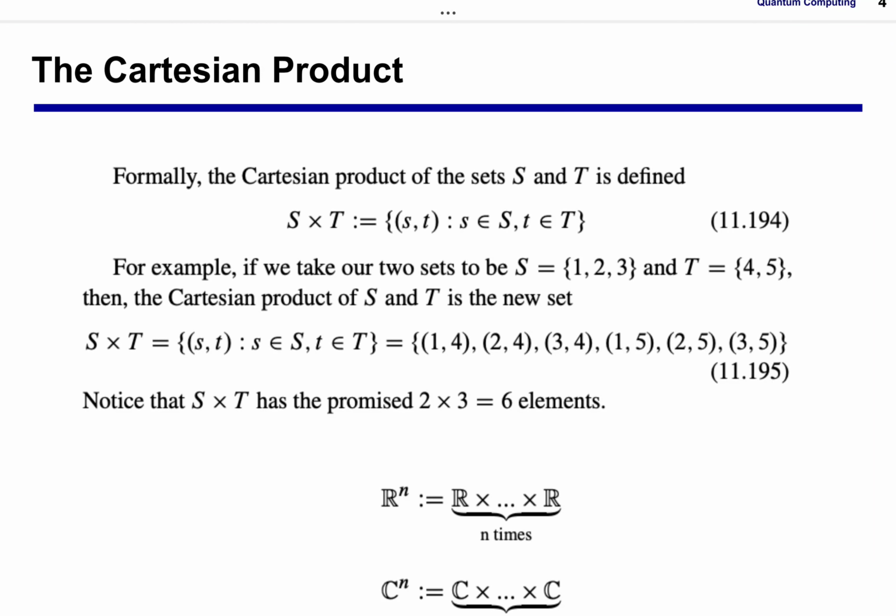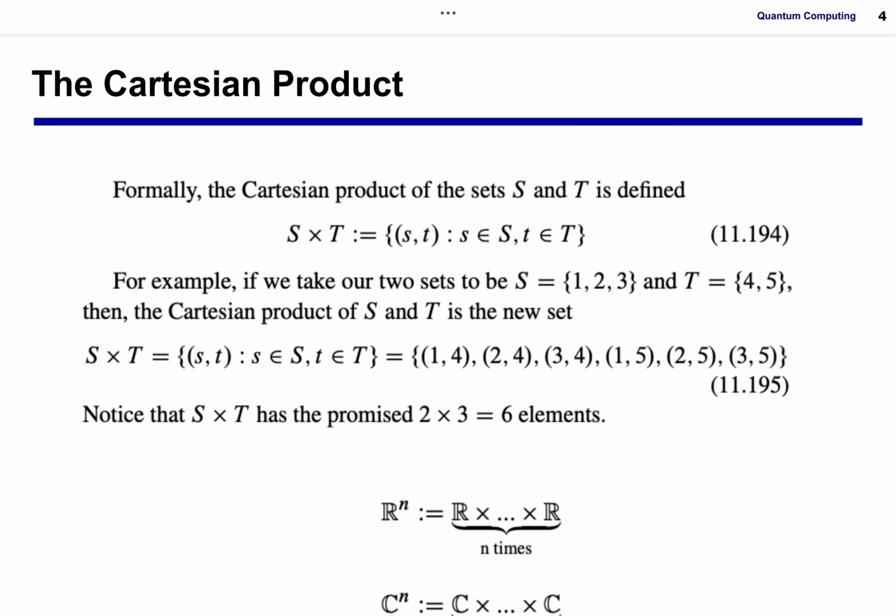So what does set theory say? Formally, in set theory, what's the beginning point to talk about it? The Cartesian product is the most classical and traditional point. What is the Cartesian product? It means that we take two sets.